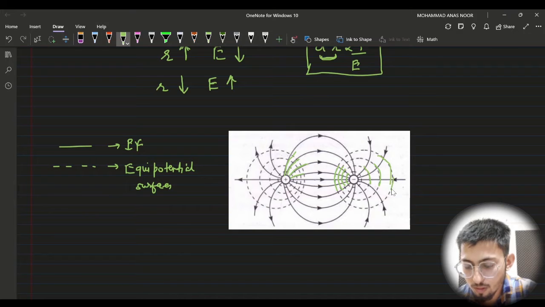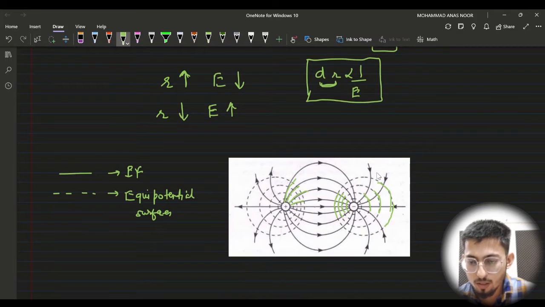So when they are farther, like the distance between the two equipotential surfaces is large, the electric field would be large or small there? See, if r is large, E would be small. As you can see, E is very small there, isn't it? The number of lines is small here as compared to this region.